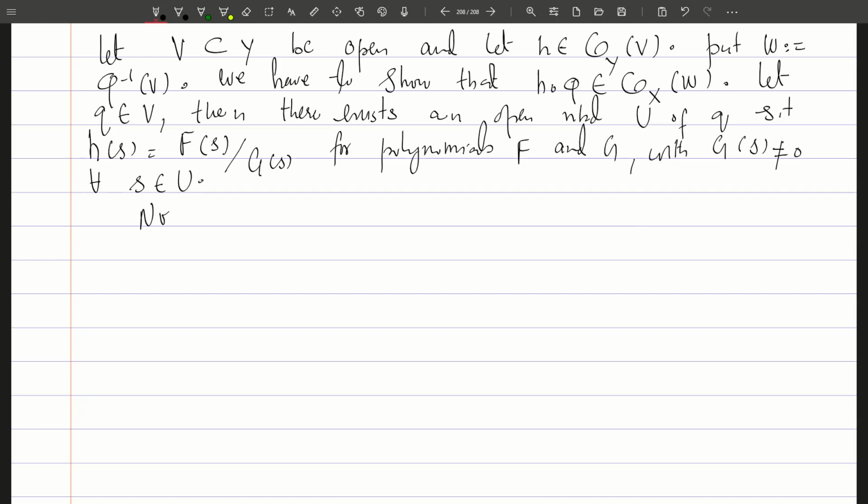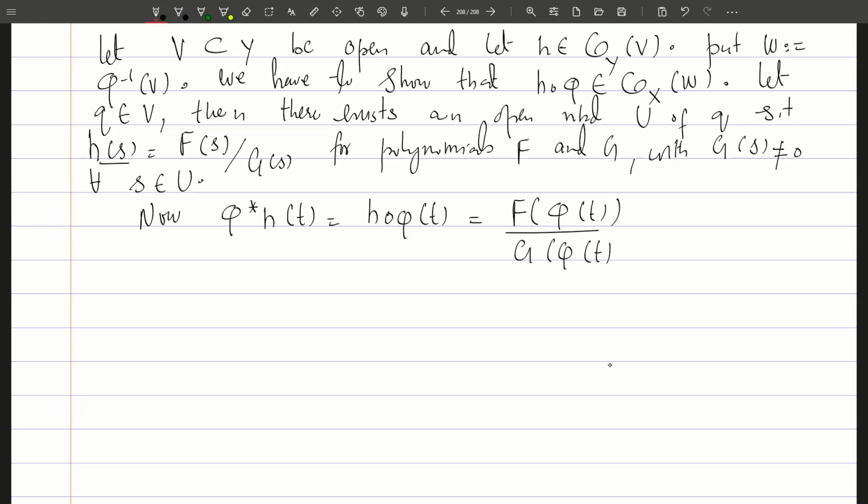Now let us consider the map phi star h of t. So we know it is h composite phi of t. This is the same as h of phi of t. Now h of s is like this, so this is f of phi of t over g of phi of t.